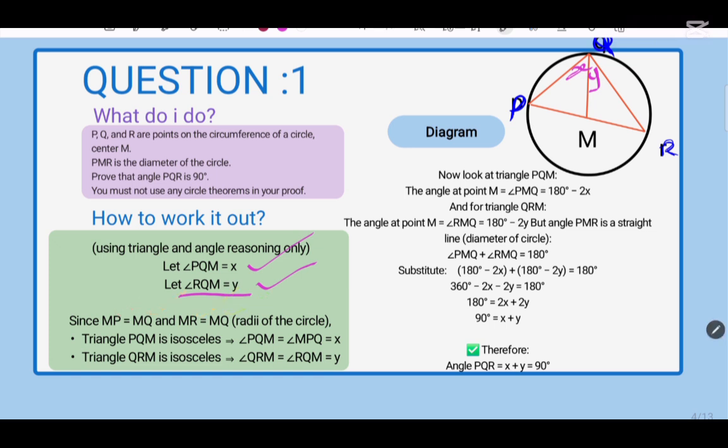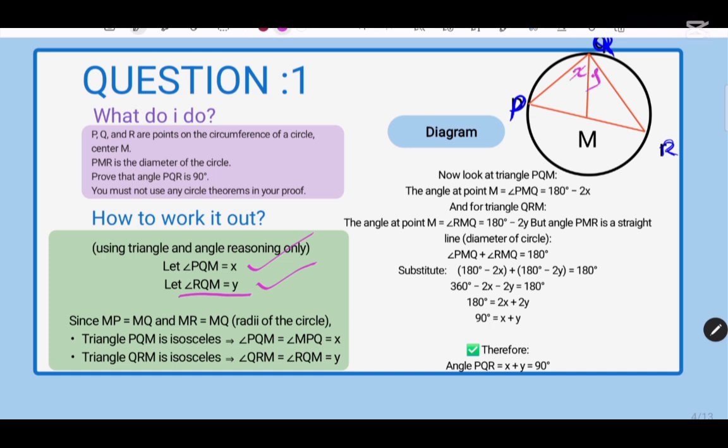That is established, which means in triangle PQM, let's look at triangle P, Q, and M. So we are looking at solely triangle PQM. It is an isosceles triangle.